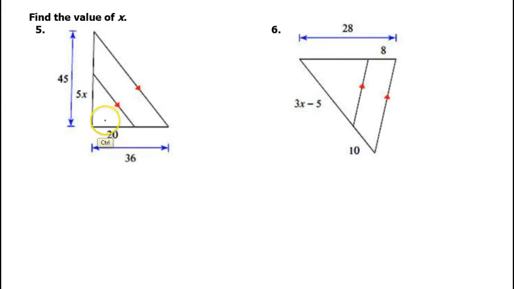Looking at number 5, on both of these sides, I'm given the whole, and then I'm missing one of the parts. So let's do the obvious part first. Here I have 36 as the whole, and then one part is 20. What's the other part going to be? Of course, I take the 36 and subtract 20 from that.